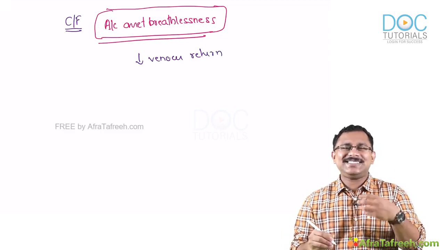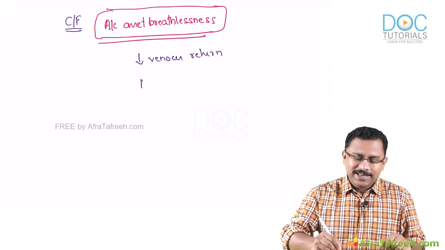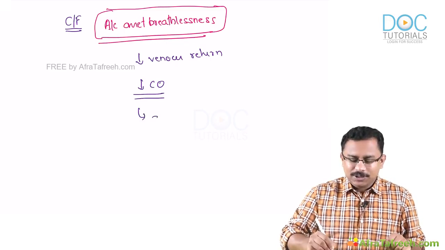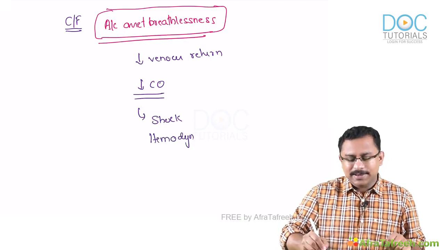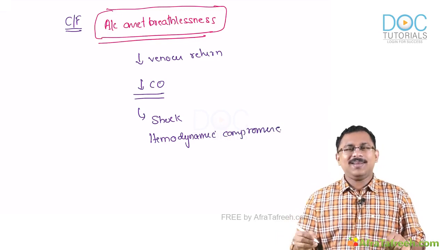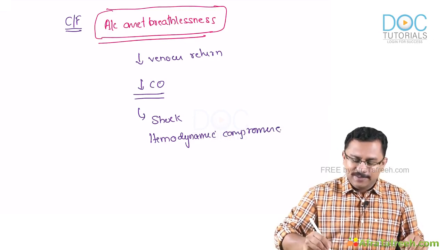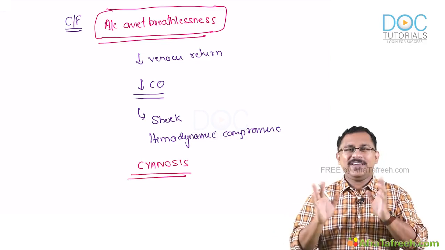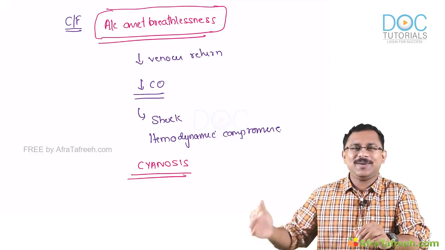Subsequently, when the venous return is reduced, when the end diastolic volume is reduced, there is a decrease in the cardiac output as well, which means the patient can have a shock or a hemodynamic compromise. So if there is a significant tension pneumothorax, the patient may also develop cyanosis. Okay. So remember, it is a very, very dangerous entity, this tension pneumothorax. So that is how the patient presents to you in the emergency.